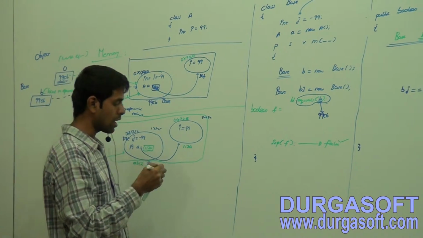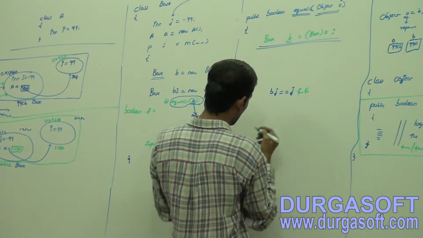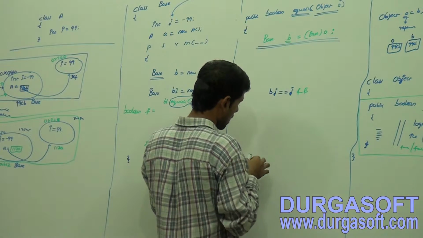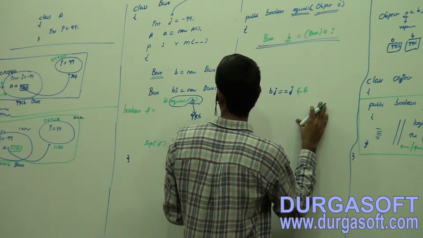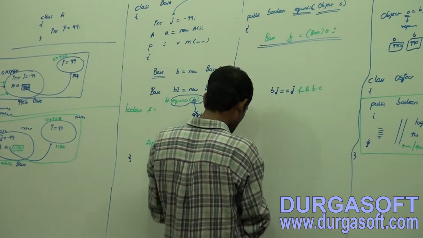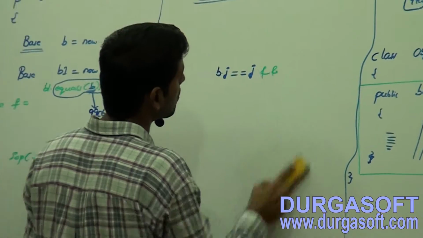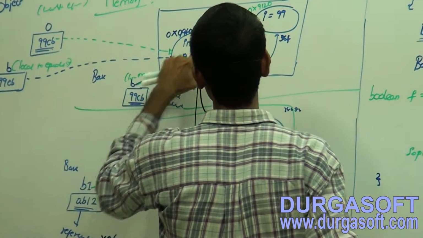Okay, and observe here. Let me use the relational short circuit operator, and now what is that? b dot a dot i. Okay, b dot a dot i.